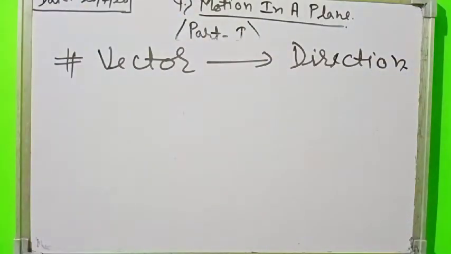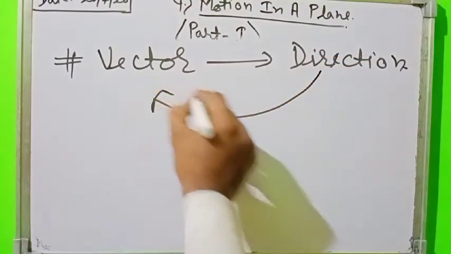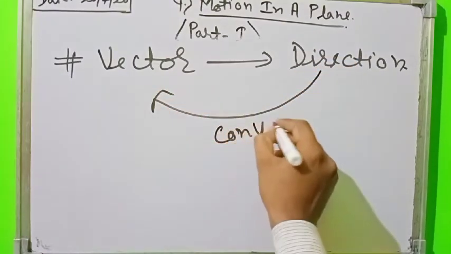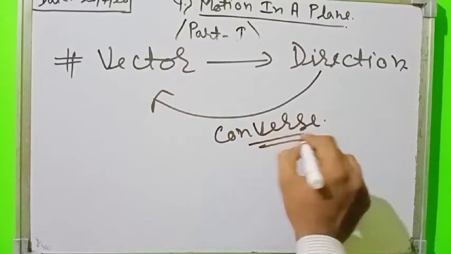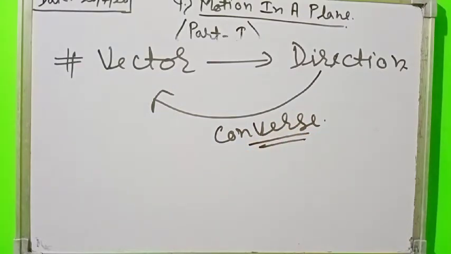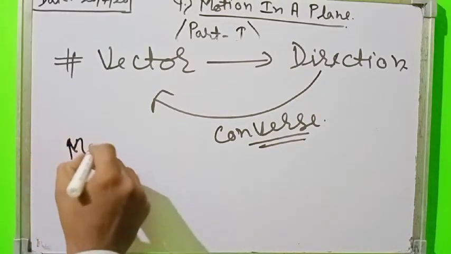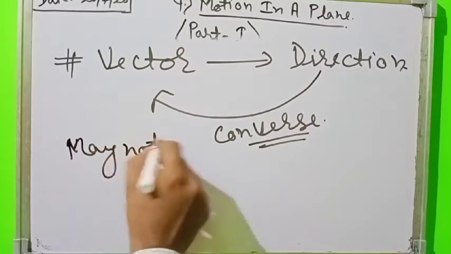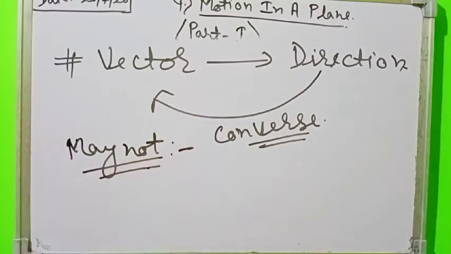But is its converse true? Means if a physical quantity has direction, then can it be supposed to be a vector? May not. Why?